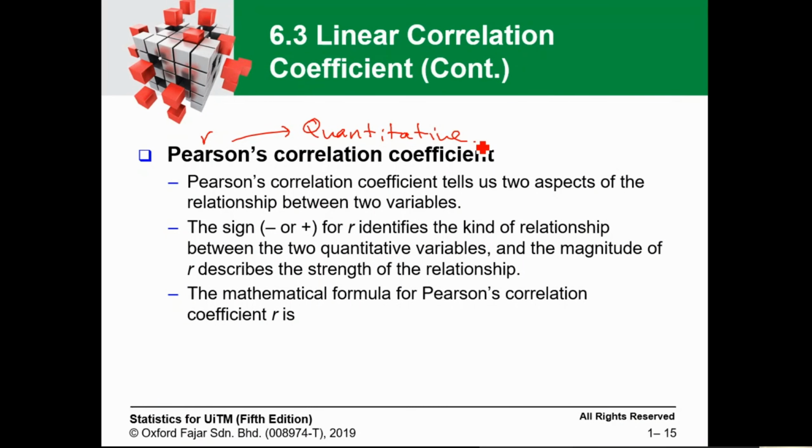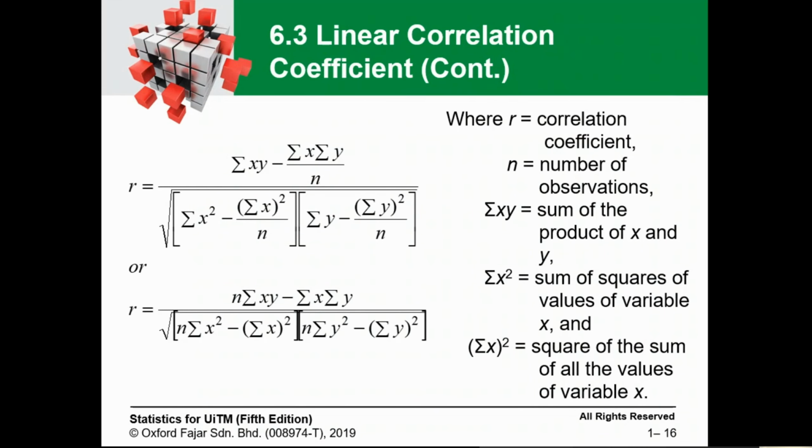Okay, so this is the Pearson. While we said Spearman will be represented by the small p, and it will be used for qualitative data. So the mathematical equation for Pearson is like this.